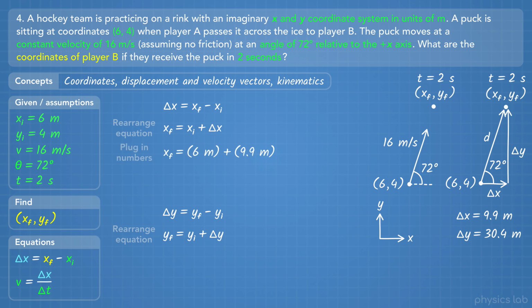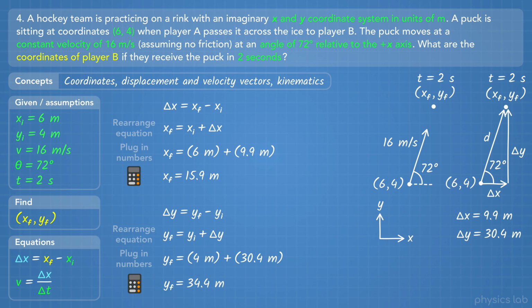We plug in 6 meters for x initial and 9.9 meters for delta x to get 15.9 meters for x final. Then we can plug in 4 meters for y initial and 30.4 meters for delta y to get 34.4 meters for y final. Putting those together as coordinates, the final position of the puck would be 15.9, 34.4.